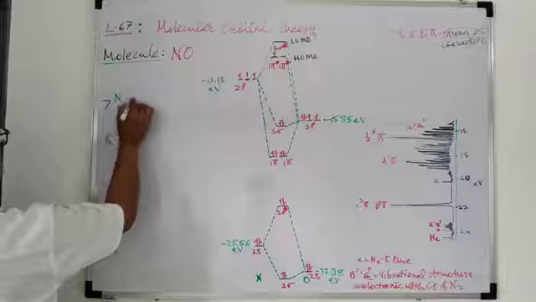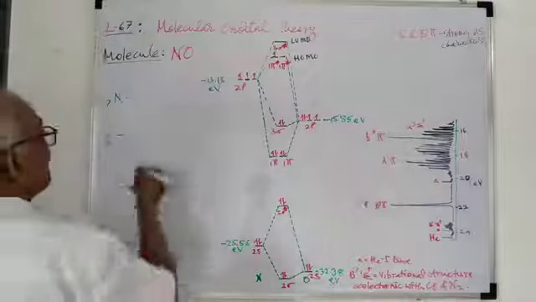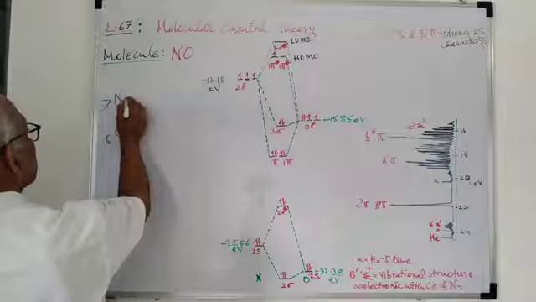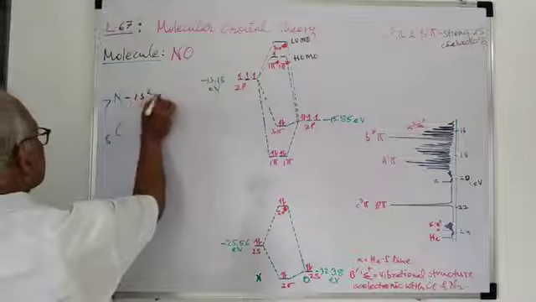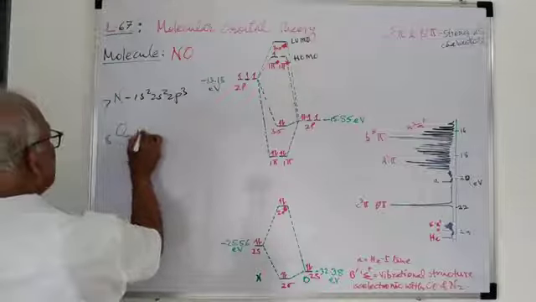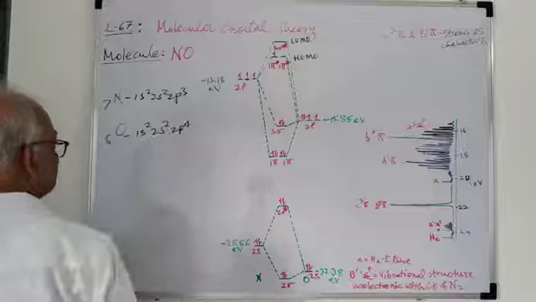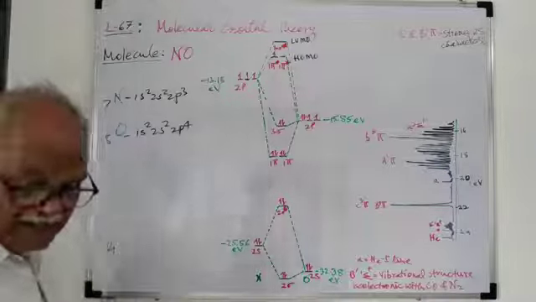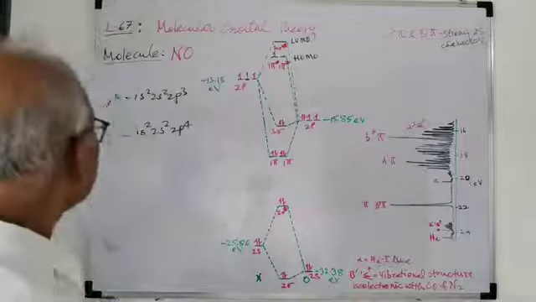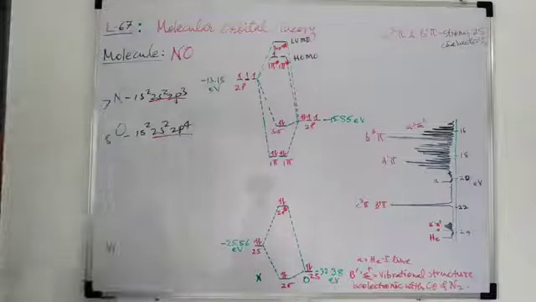The electron configuration of nitrogen, that is 7, is 1s2, 2s2, 2p3, and oxygen has 1s2, 2s2, 2p4. So we are considering here only the valence shell of nitrogen and oxygen.